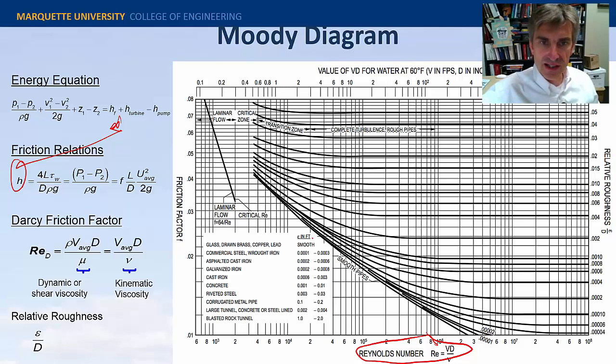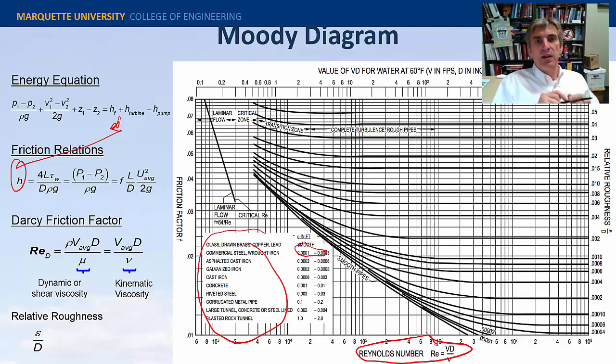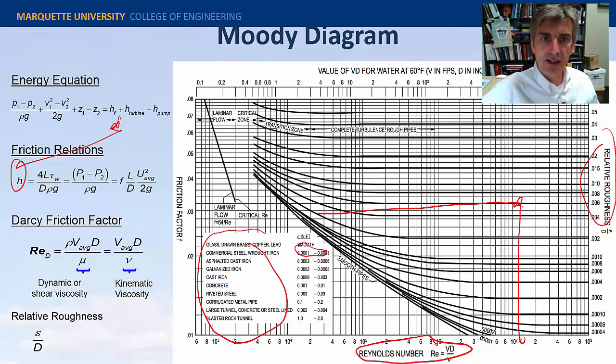The roughness is listed here for various construction materials, this being literally the size of the bump for a commercial asphalt pipe or whatnot. So you would find your Reynolds number, read up till you hit the line for your roughness factor, and then read over to find your Darcy friction factor.